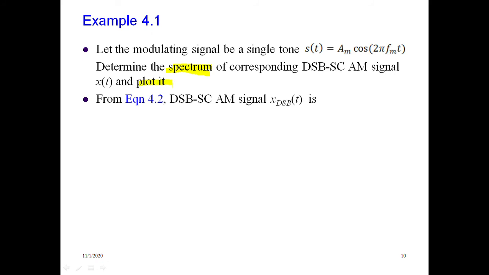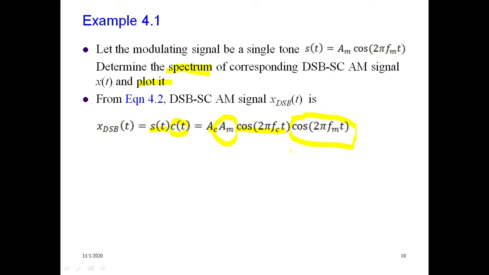Before we come to the spectrum, we have to find the modulated signal in the time domain. In the time domain, the signal is multiplied by the carrier. This is the carrier, and this is the signal.